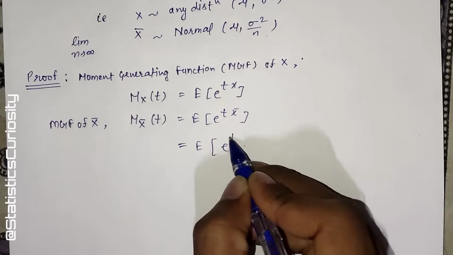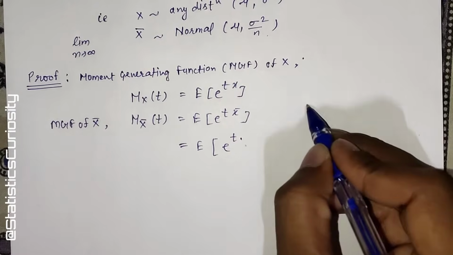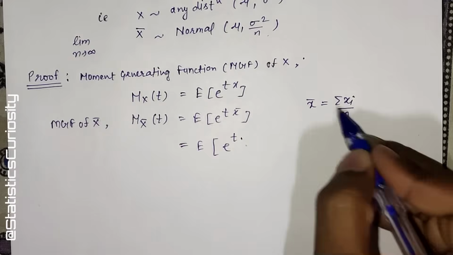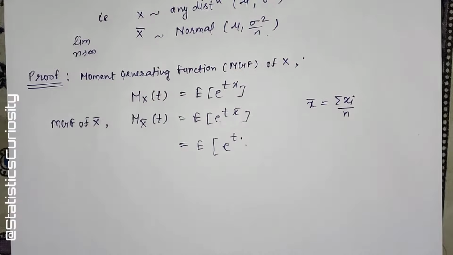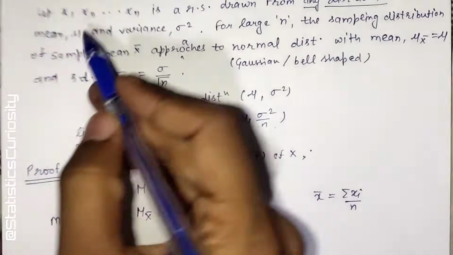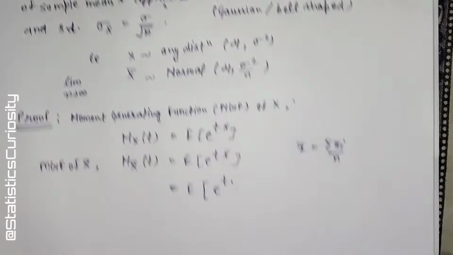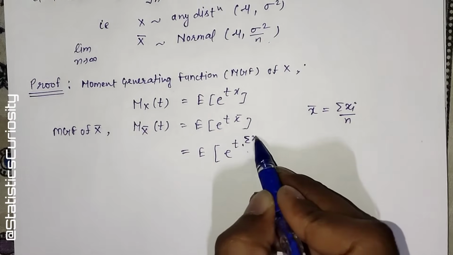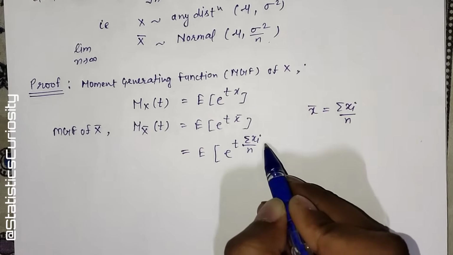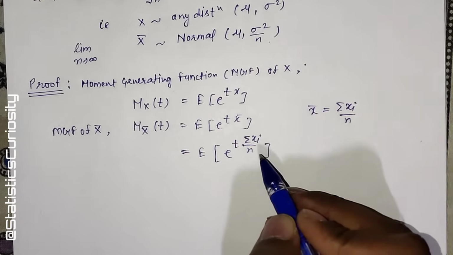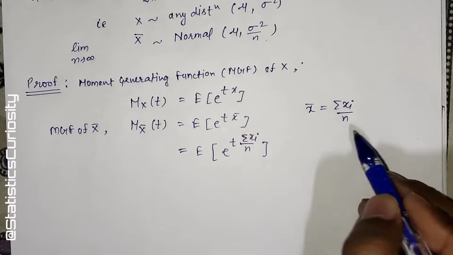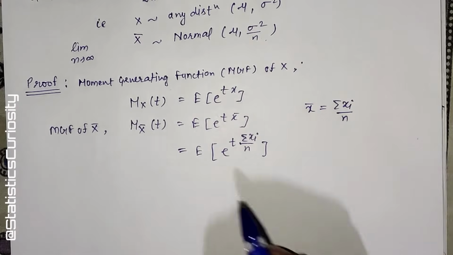Now E raised to the power t multiplied by x bar. X bar, as we all know, the sample mean, is summation xi divided by n, where xi is the random sample. Now we can open this summation xi as x1 plus x2 plus up to xn.